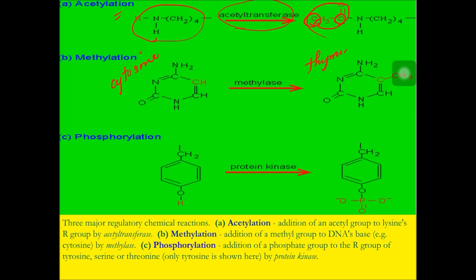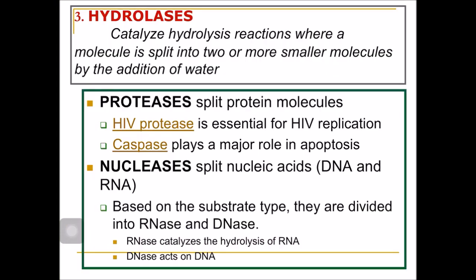So notice that through methylation, there is addition of methyl group here. And then finally, phosphorylation is made possible by kinase because there is transfer of phosphate. So you can check that on the product after catalysis by the protein kinase, may addition of phosphate.